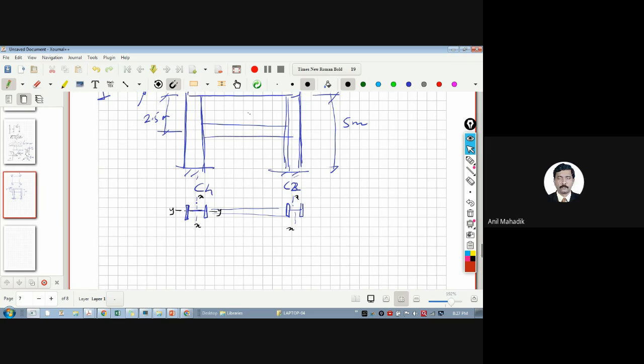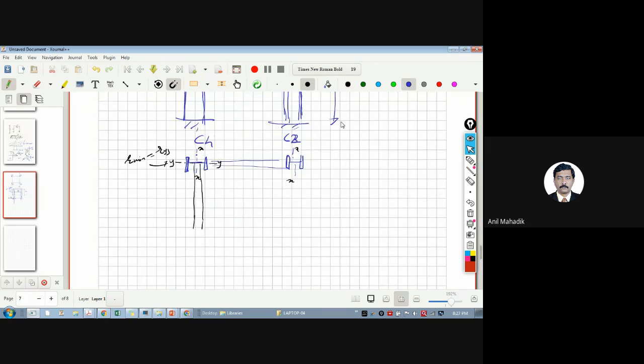This is not the right way, because your column design is governed by the minimum value of R, which is nothing but RYY in general. So I should tie like this, not like this. This is a very critical point to understand fundamentally. I am having this structure like this.